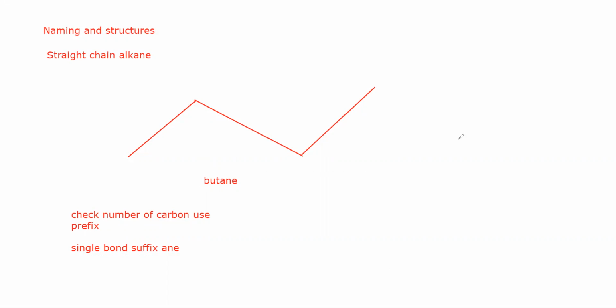The reason why I drew the skeletal formula, not the displayed or the structural formula, is because in the exam you may have a displayed formula, structural formula, or skeletal formula. Any kind of formula, so you should be able to name accordingly. Another example, we are doing examples of straight chain hydrocarbon, straight chain alkane.